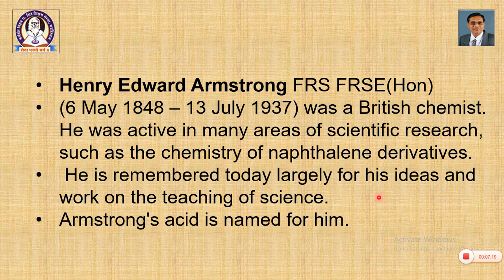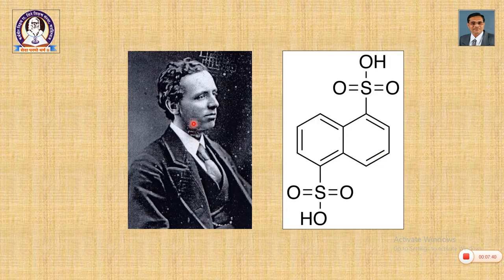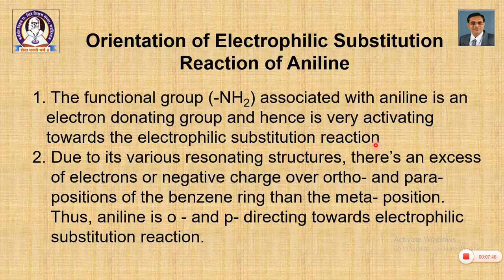He was a British chemist, active in many areas of scientific research such as the chemistry of naphthalene and its derivatives. He is remembered today largely for his ideas and work on the teaching of science. He was a great teacher of chemistry, and Armstrong's acid is named after him. This is a photograph of Armstrong and this is Armstrong's acid, which is naphthalene sulfonic acid, a sulfonyl derivative of naphthalene.